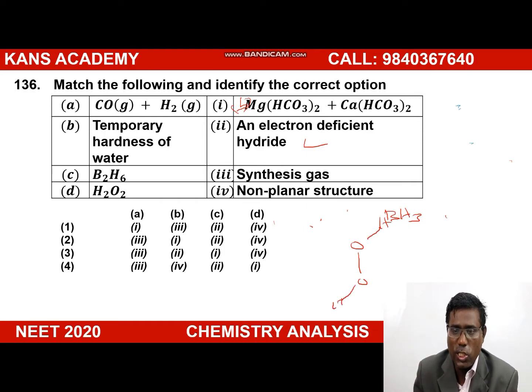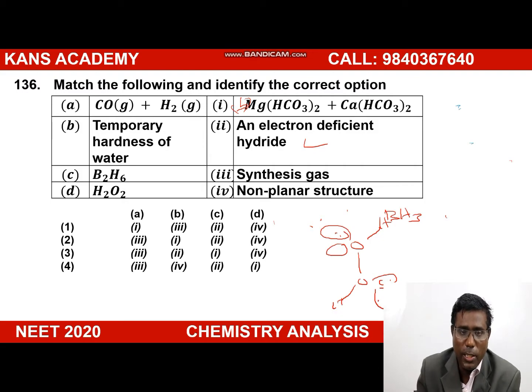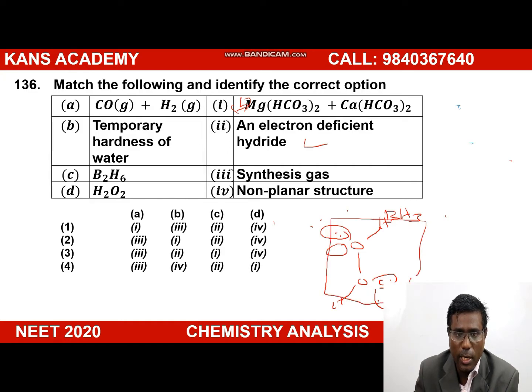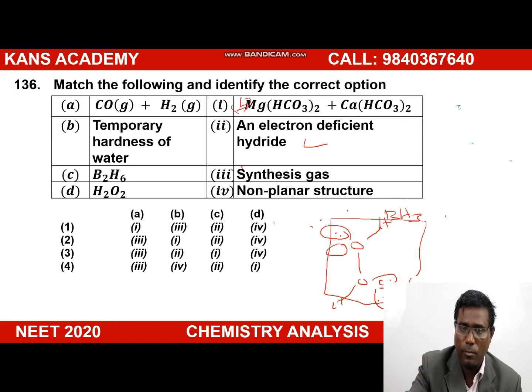Then the structure will be like an open book structure. So now you can see option A is 3, B is 1. Only option 2 is correct.